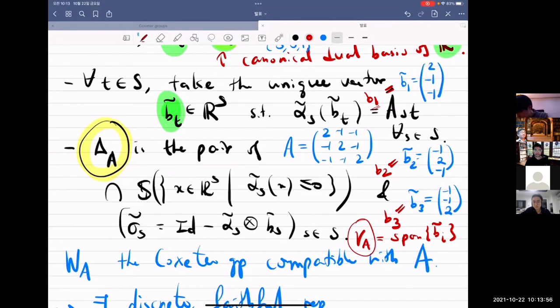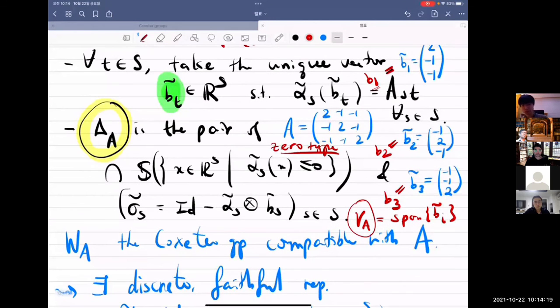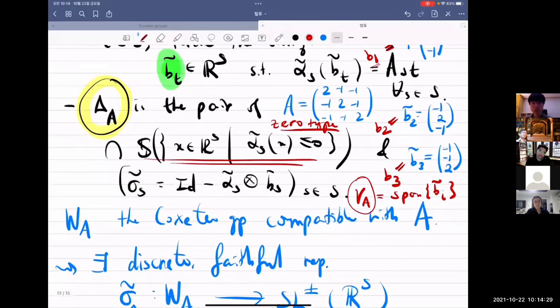And in fact, I want to take this particular example, but I want to mention that there is something wrong because this is a zero type matrix. The zero type matrix makes some problems sometimes. If you look at this VA, but then take the intersection with this guy, because the picture is something like this.